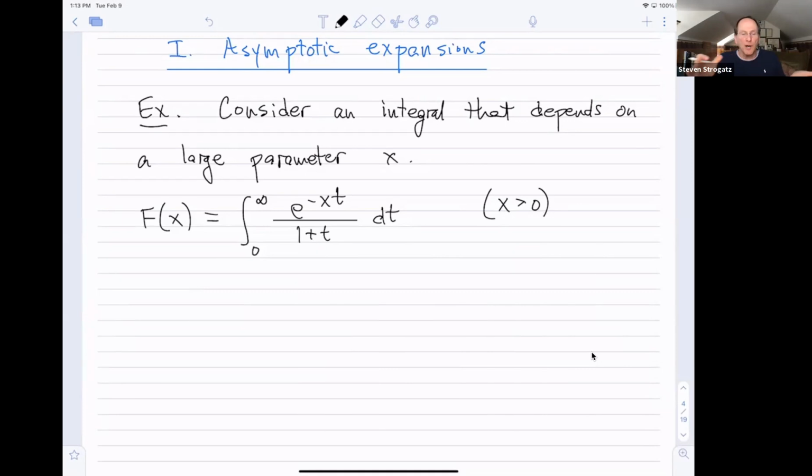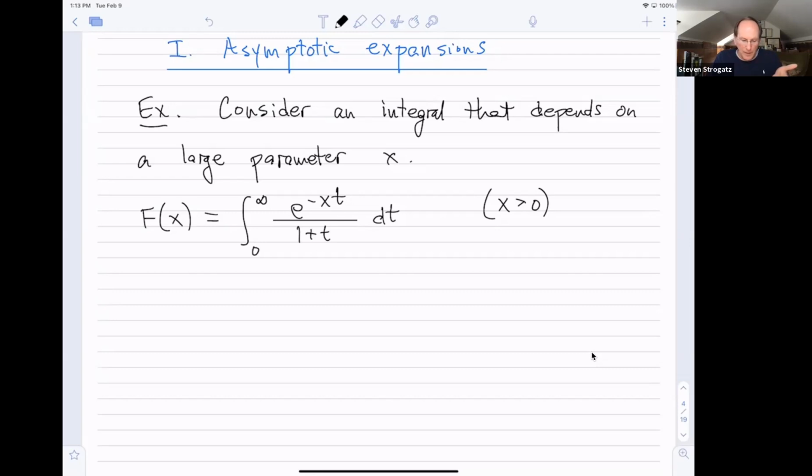If you're familiar with Laplace transforms, you might recognize that this kind of thing would come up as a Laplace transform, except usually it would be called e to the minus st, but here I'm calling it x rather than s. But okay, so it's a Laplace transform of the function 1 over 1 plus t.